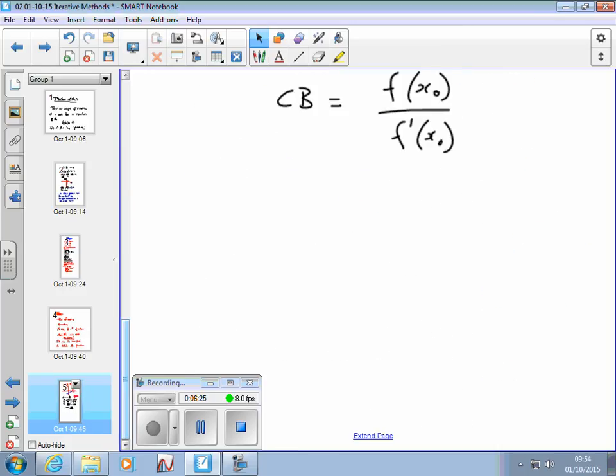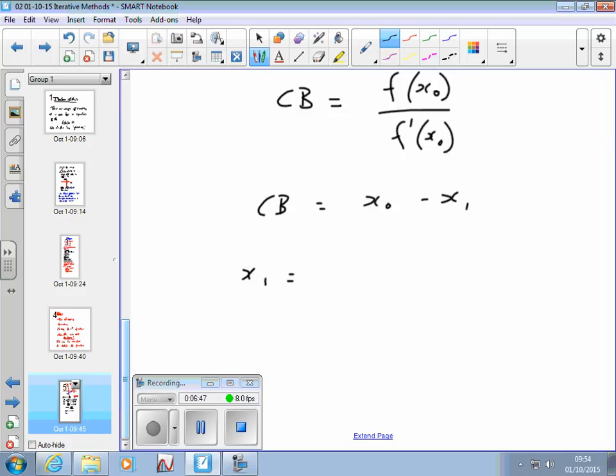CB equals x0, our first guess, minus x1, which is going to be our next guess. So rearranging this for x1, because that's what we want, our next guess, x1 equals x0 minus CB.